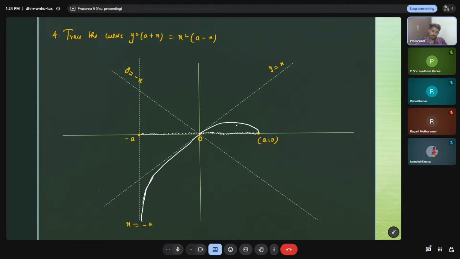And see this symmetry also. These two lines are symmetric also. That means this graph again will come here because these two are symmetric, right? It is symmetric about this line and this line also, and it is an origin. It has to pass through this, and these two will reflect. So this is how the graph will be.